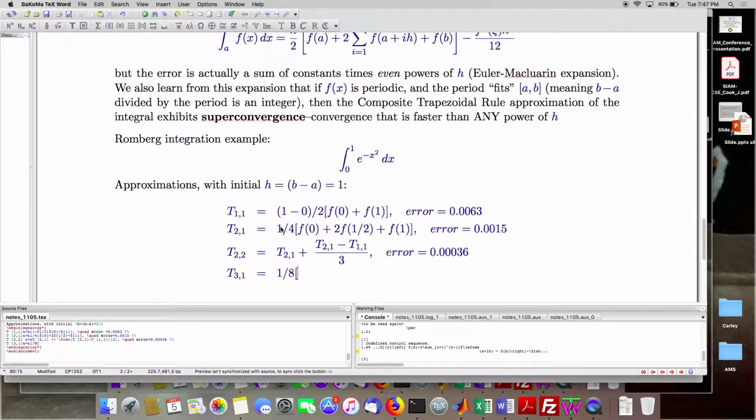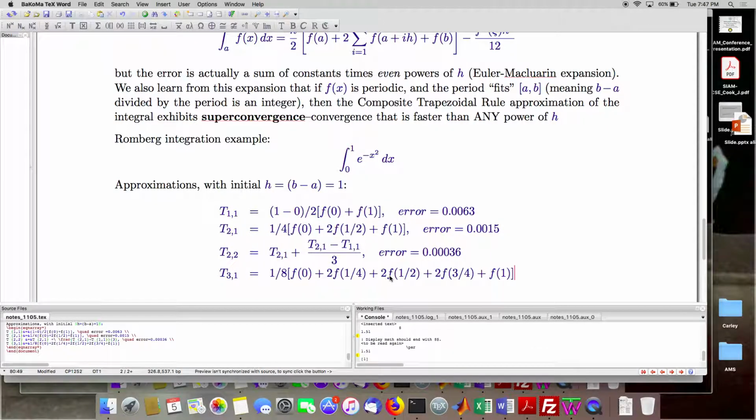So whatever's out front, just cut it in half. So f of 0 plus 2 f of 1/4 plus 2 f of 1/2 plus 2 f of 3/4 plus f of 1. Remember, your spacing is always getting cut in half.